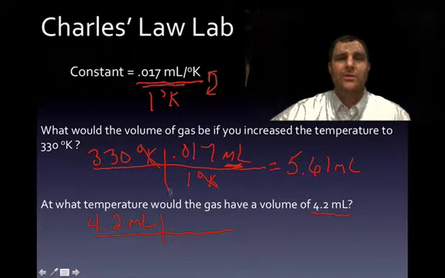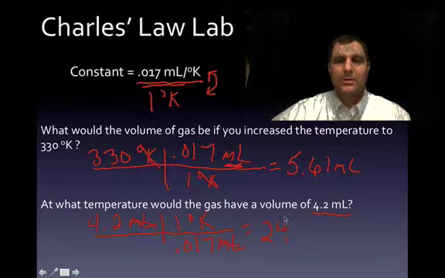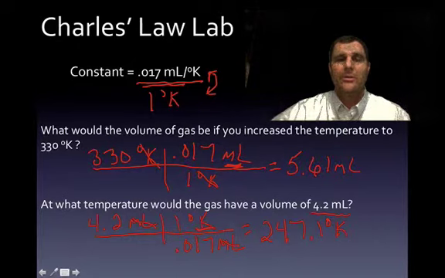So I'm actually going to flip-flop it. So here we go, 0.017 milliliters is equal to 1 degree Kelvin, and since this is on the bottom, I'm going to divide by that, and that's going to give me 247.1 degrees Kelvin. There's my units right there.